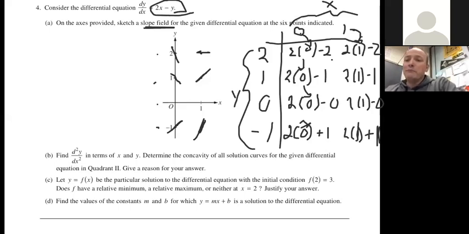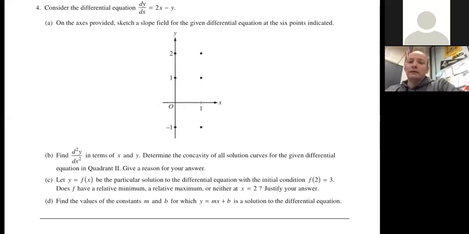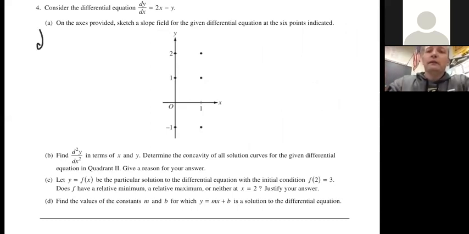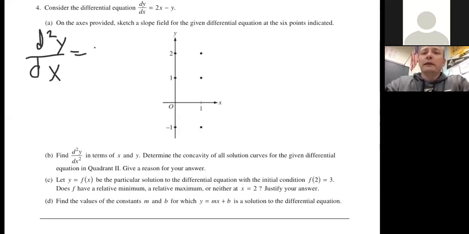Okay, problem B says find the second derivative in terms of x and y, determine the concavity of all the solutions in quadrant 2. Give a reason for your answer. So the second derivative is going to be, when I do the derivative of 2x with respect to x, I get a 2.